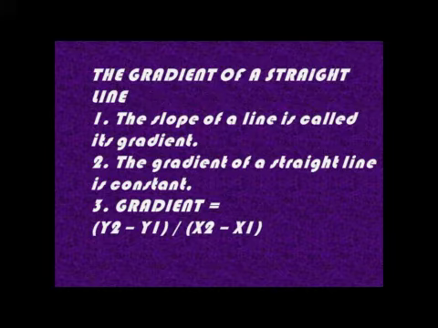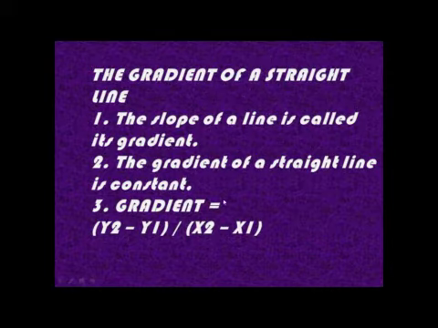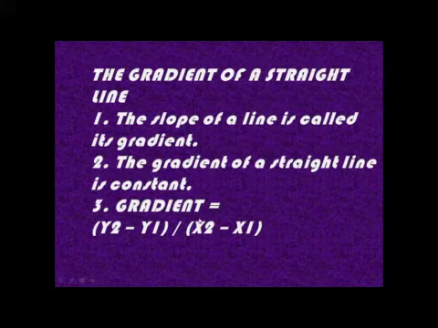That slope is basically the gradient in mathematical terms, all right? Specifically for straight lines, the gradient is constant. It's always constant. And if it's not constant, the line isn't straight.